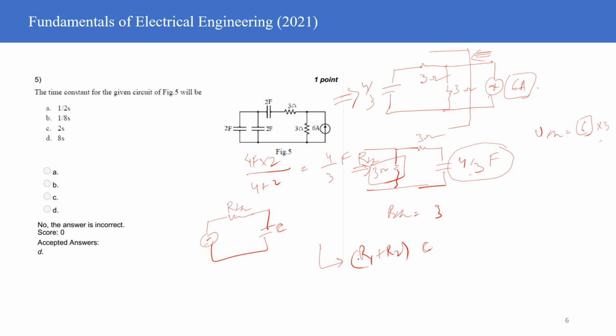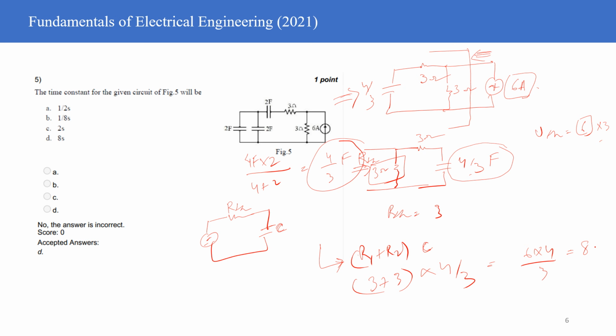So if you just plug in the values of R1 and R2, this is 3 plus 3, and the C value is C effective, right? So C effective we have calculated over here. C effective is 4 by 3. So this will give you 6 into 4 by 3. This will give you 8.